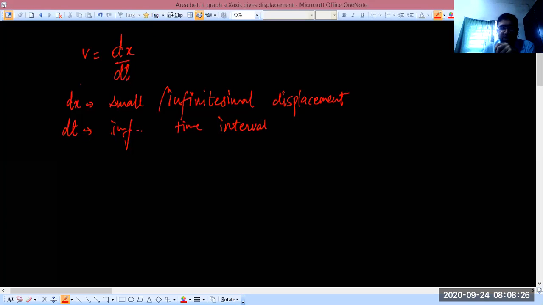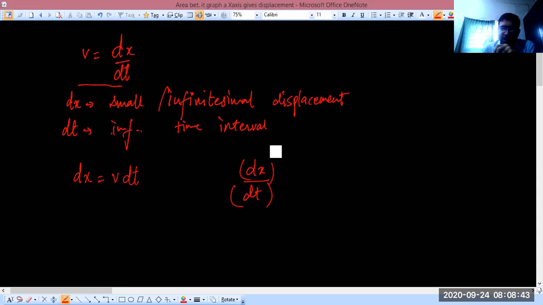Now, if you take this very equation and write it like this, I know I have told you that dx by dt does not actually mean you are dividing two things. But still, in many applications, if you look at it one way, this is actually a ratio, a ratio of two small changes.